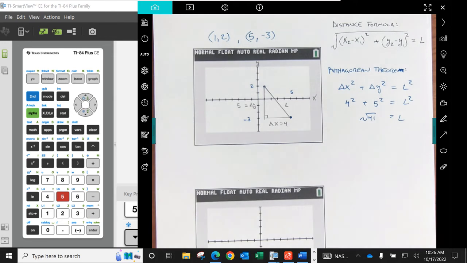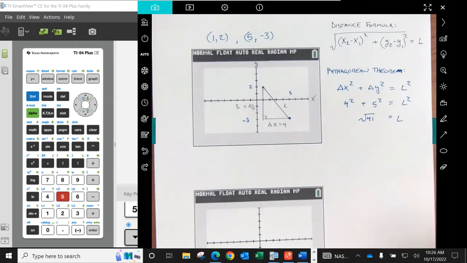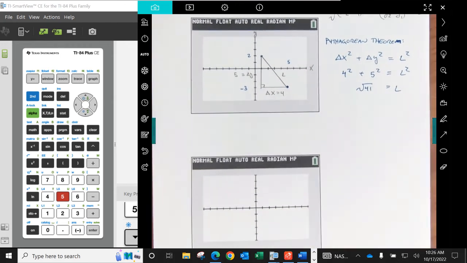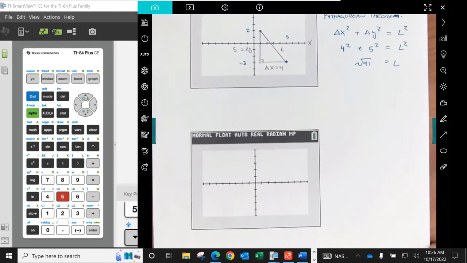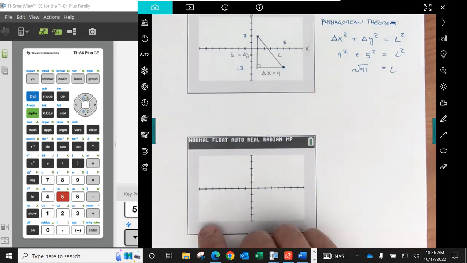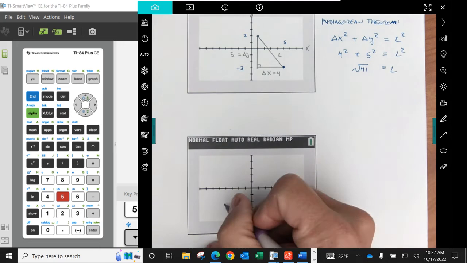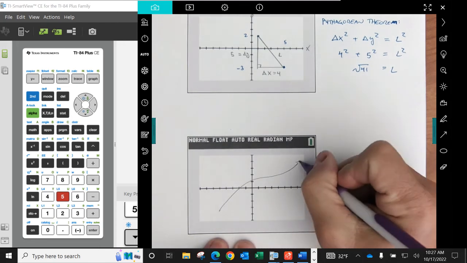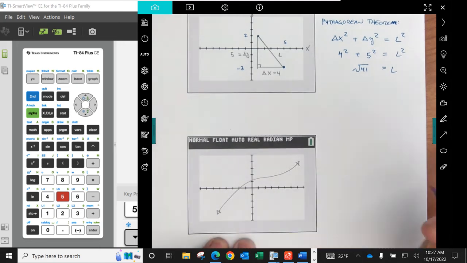Alright, we haven't done any calculus yet, but I think what we will do now is take the same concept and apply it to some curve. So let's just keep in mind our change in x and our change in y, and I'm just going to draw some curve. There we go.